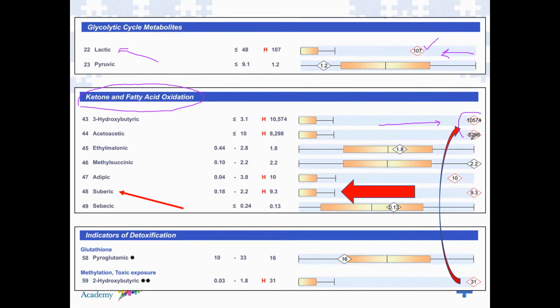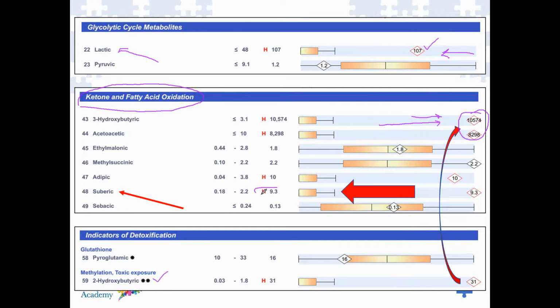But based on the history of this individual, this is an individual with diabetes, okay, poorly controlled. And so we're getting a reflection of 2-hydroxybutyric as well as the 3-hydroxybutyric and acetoacetic, okay, linked to their underlying metabolic problem.